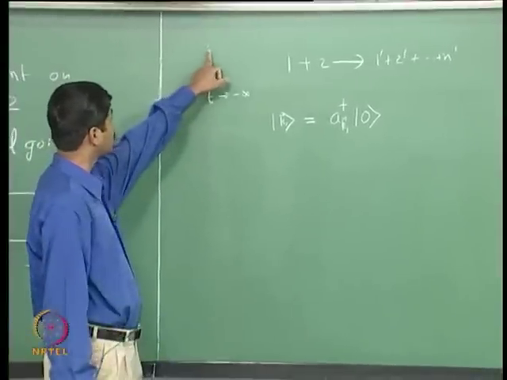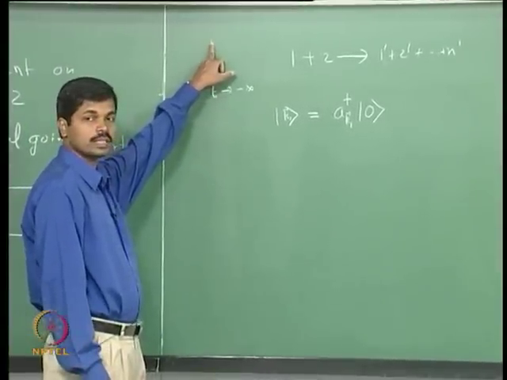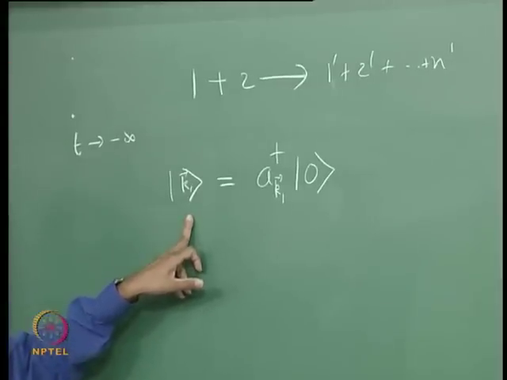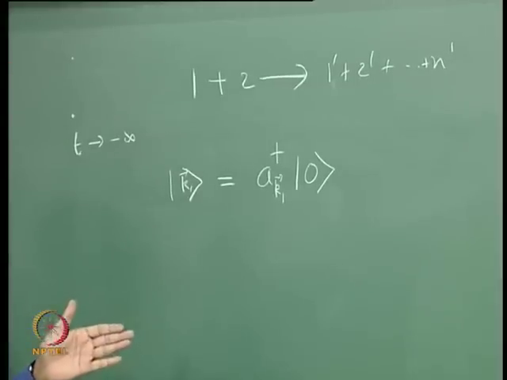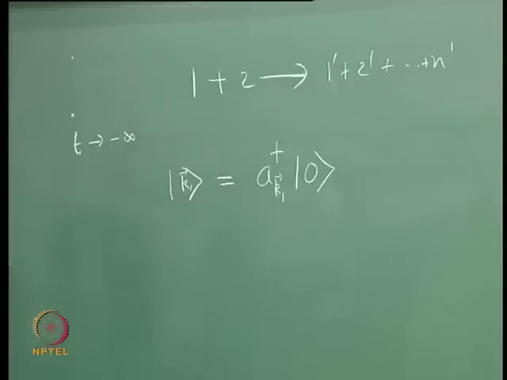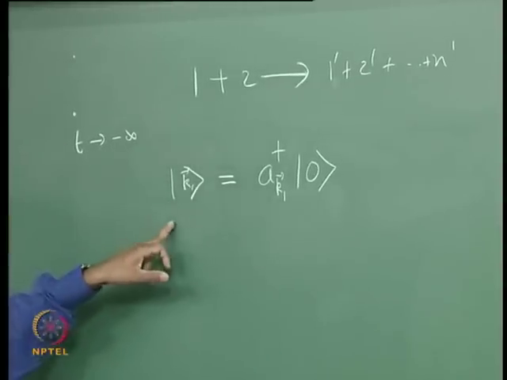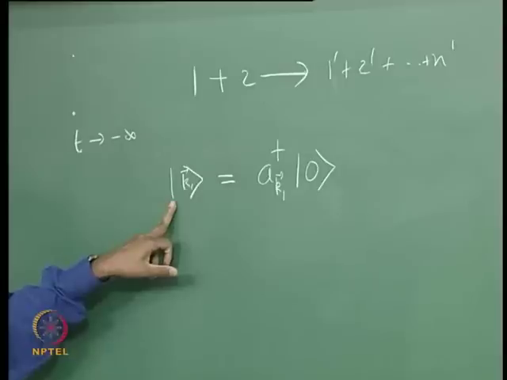Normally, what we would like to consider is wave packets which do not have a very well defined momentum, but there is a spread in the momentum, and so there is a momentum distribution which is peaked around a certain value, let us say k1 bar. Okay.